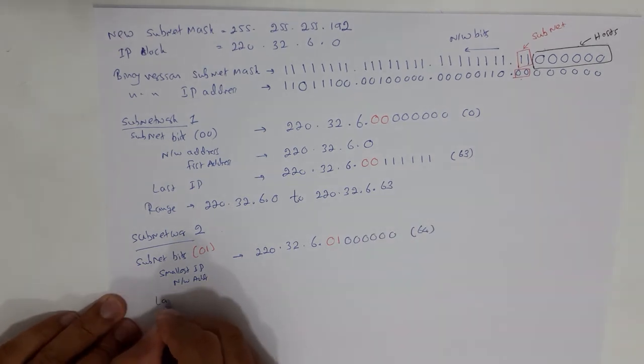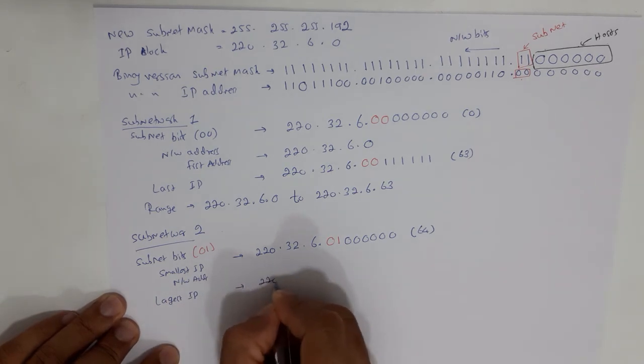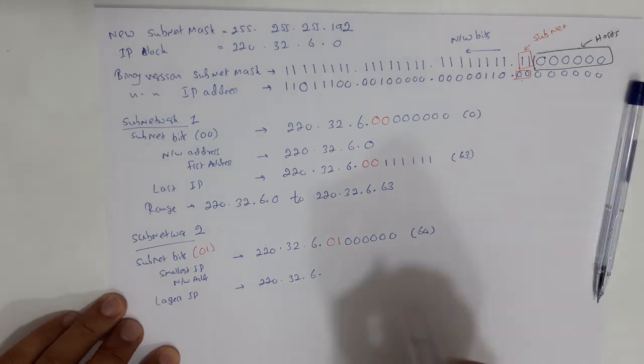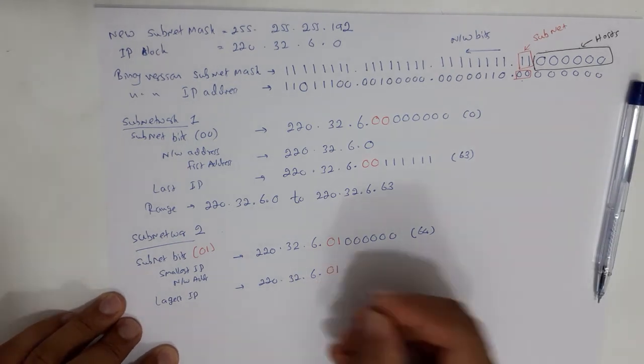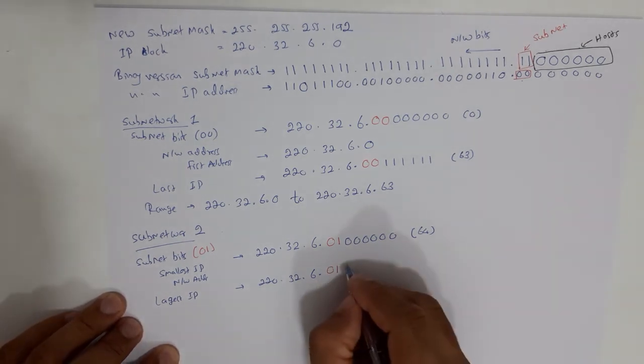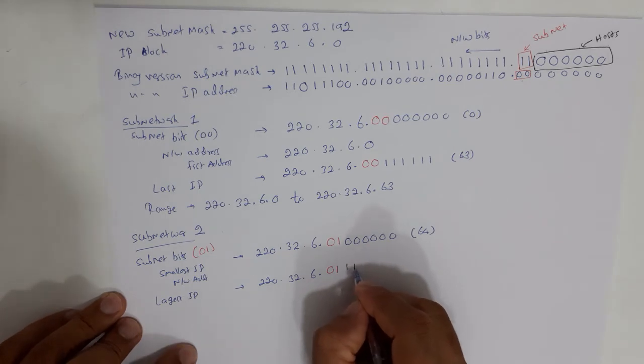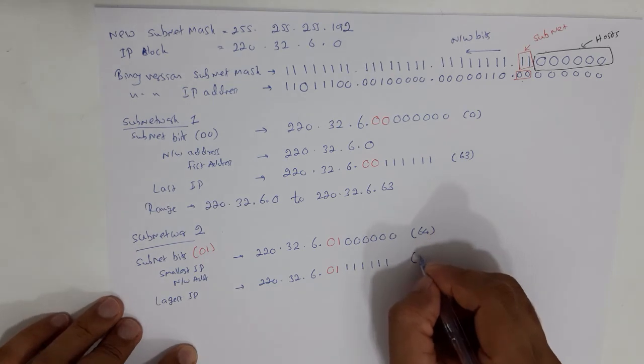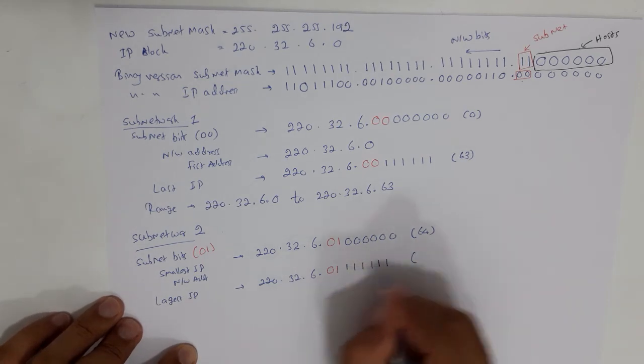Then I go to the next one, the largest IP. That is 220, 32, 6. Network bits are maintained like 0, 1. All the host bits are made into 1, 1, 2, 3, 4, 5, 6. What is this in decimal? This is 64, 128.